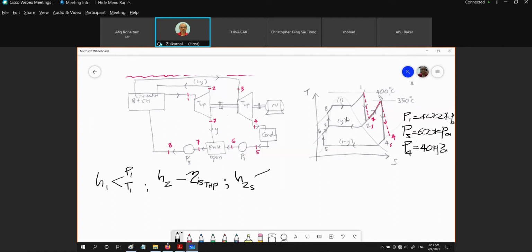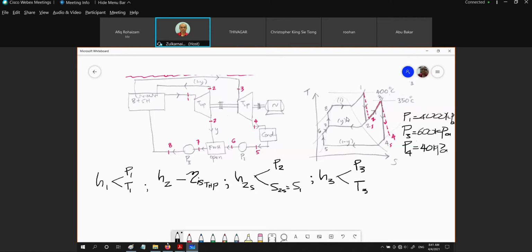This H2S is based on P2 and S2S, which is equal to S1. Then H3 is based on P3 and T3.